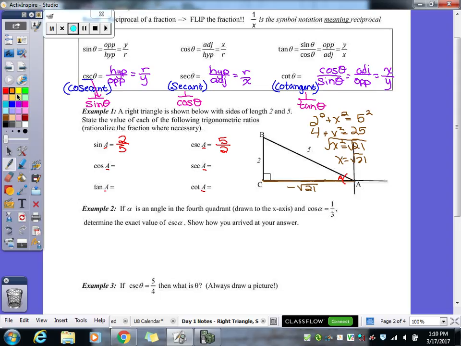All right, let's do our cosine next. So what would be our cosine of angle A? Negative radical 21 over 5. So then if we flip that, what's our secant? Yes. However, can we leave a radical in the denominator? No. How do we clean that up?